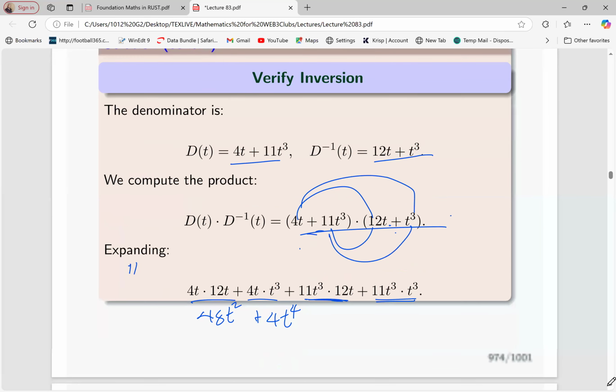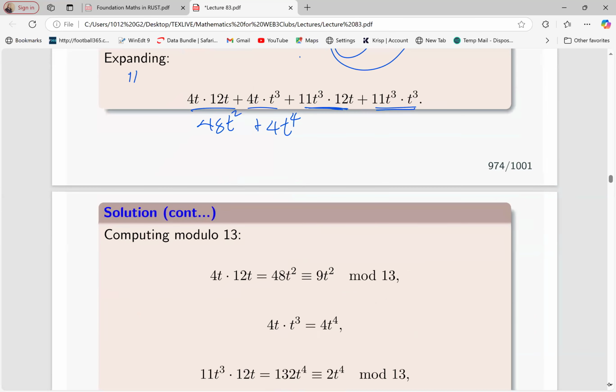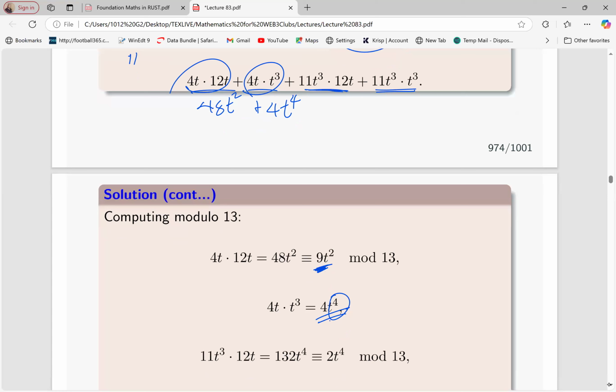So you multiply those. What I was saying, the first one will be 48, reduce it mod 13, get 9. This other one would be 4t raised to 4, but t raised to 4 is 11 or -2. At this point, I've not reduced, I just left it, but I'll reduce it later. And then this will be 132 t raised to 4.